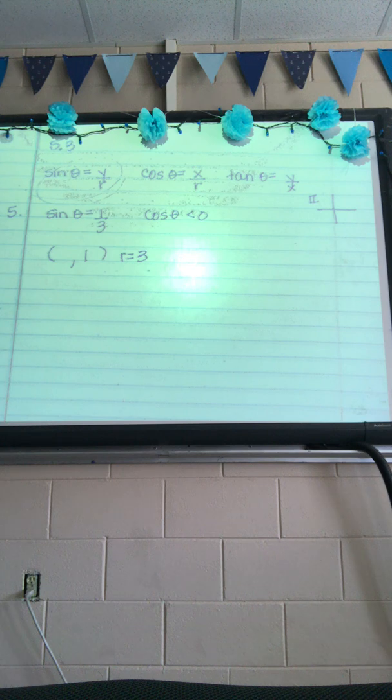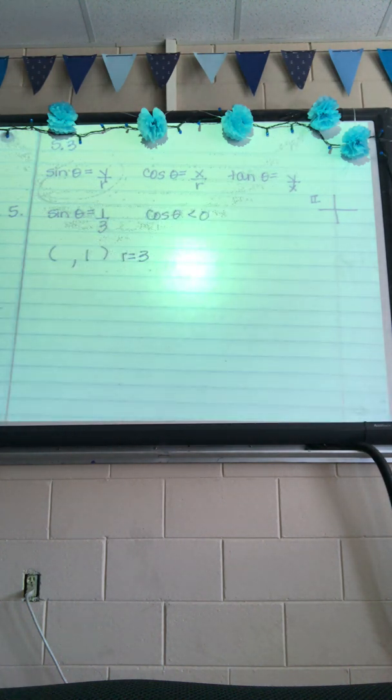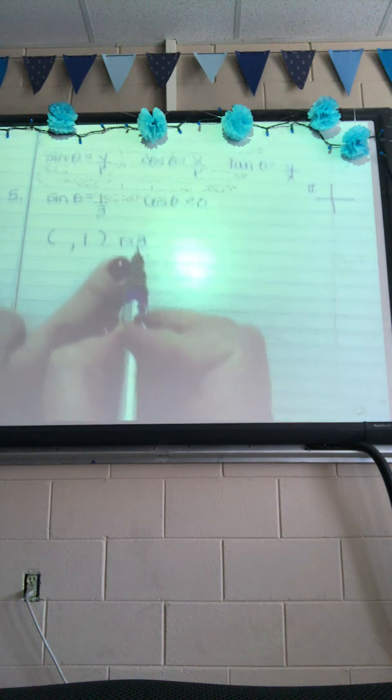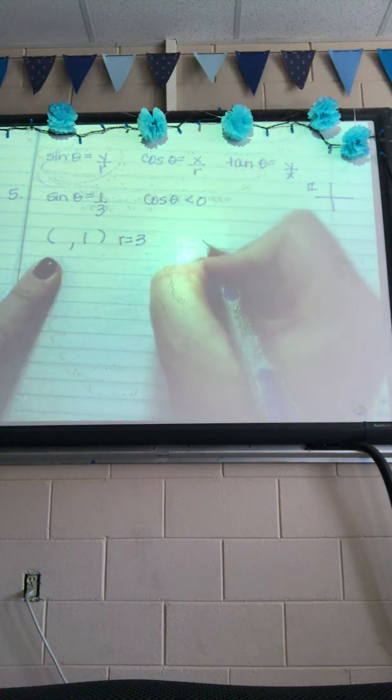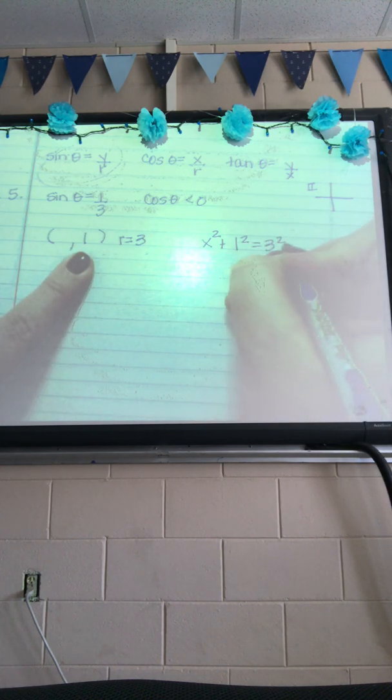The cosine, since it's less than 0, you know it's going to be negative. But it's also going to be over 3 when I set the ratio up. But how do I figure out what this x coordinate is? Pythagorean theorem. And this time, I know the radius. So it's going to be x squared plus 1 squared equals 3 squared.